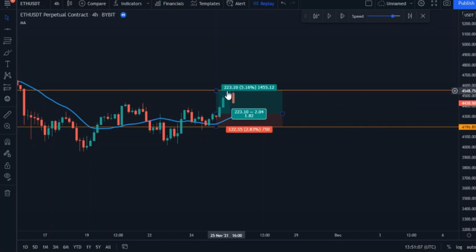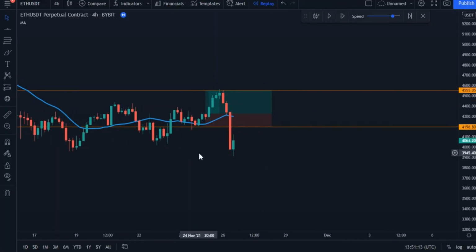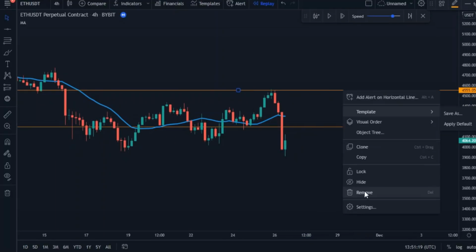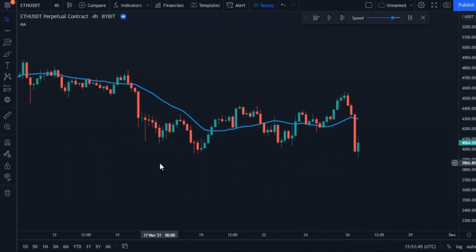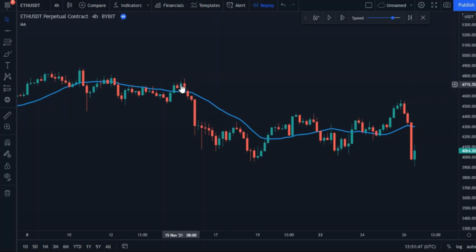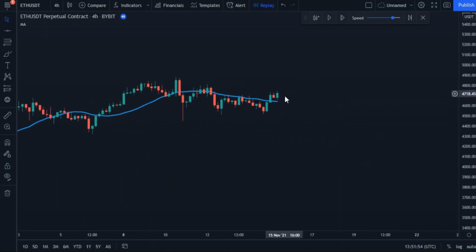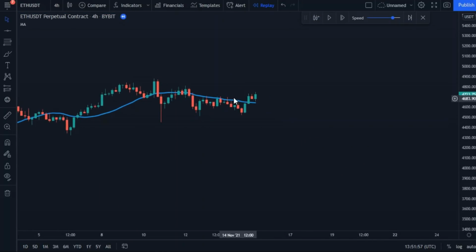As we have seen, we were able to set the take profit, and also the stop loss was in a good position. Okay, in this example, let's say we entered from this point. As we said, we will place our stop loss just below the moving average line.